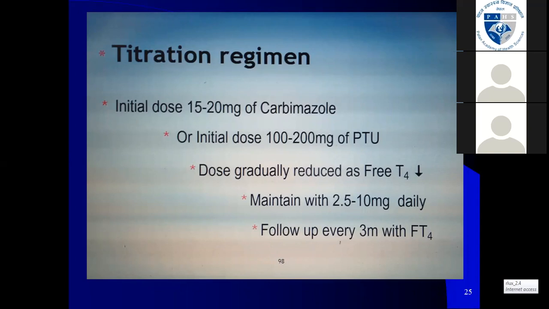The dose can be gradually reduced by looking at the T3, T4, and we have to maintain the dose of carbimazole at 2.5 to 10 mg, and the maintenance dose of PTU is 50 to 100 mg, and we have to follow up every 3 months with free T4.